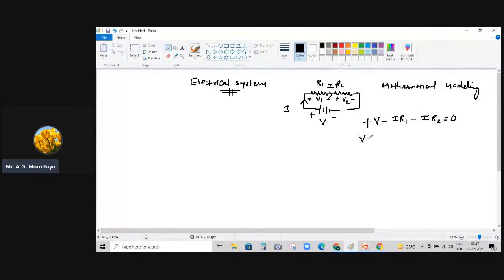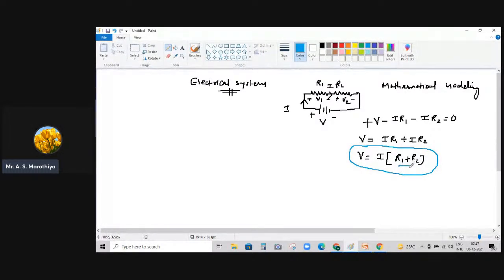Or I can write this equation as V equals I into R1 plus I into R2. Or I can write V equals I in bracket R1 plus R2.